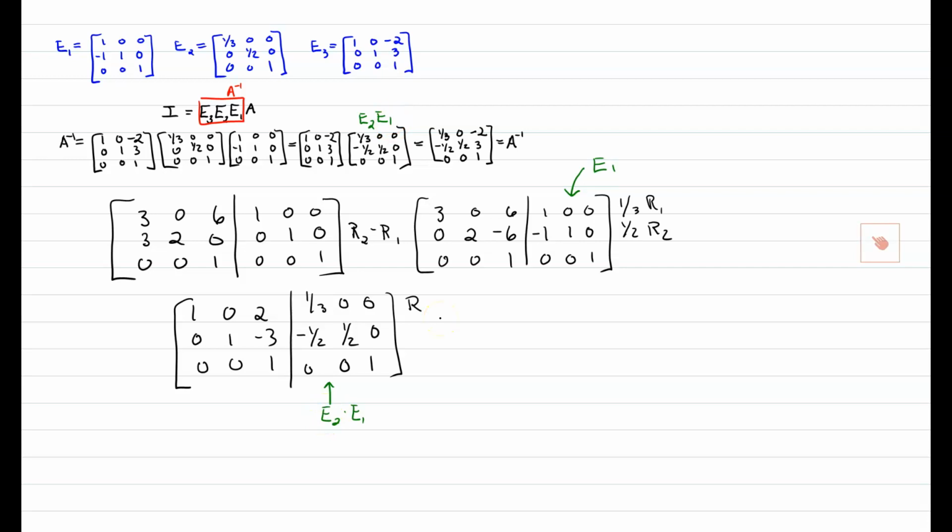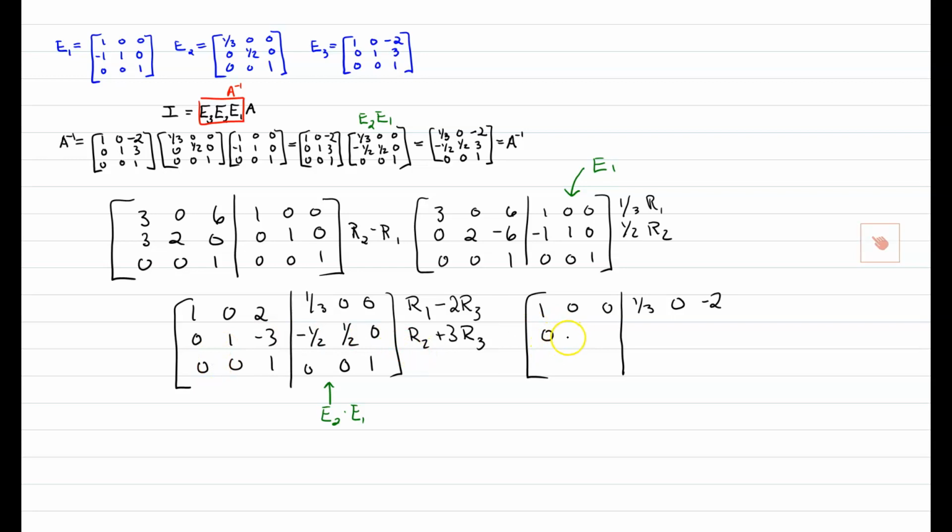Now let's clear that third column with the backwards elimination. So I'll use these row operations, and when I run through them, I'll get 1, 0, 0. This is row 1 minus 2 times row 2. So I'll have 1/3 minus 2 times 0, 0 minus 2 times 0, and 0 minus 2 times 1. In the second row, I'm doing row 2 plus 3 times row 3.